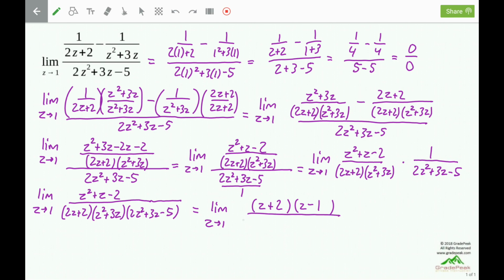In the denominator, 2z plus 2, z squared plus 3z. Here we're going to factor this trinomial quadratic. Since it's 2z squared, we're going to need a 2z and a z. We need two numbers that multiply to be a negative 5. Well, that can only be 5 and 1, and one of them has to be a negative.